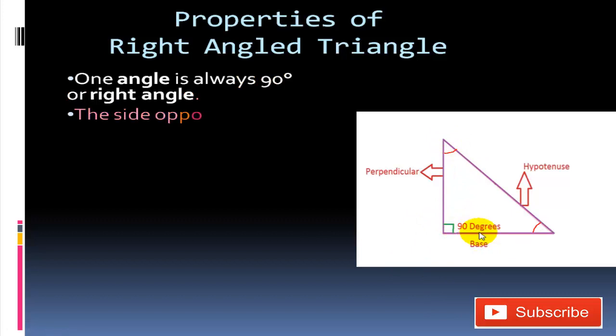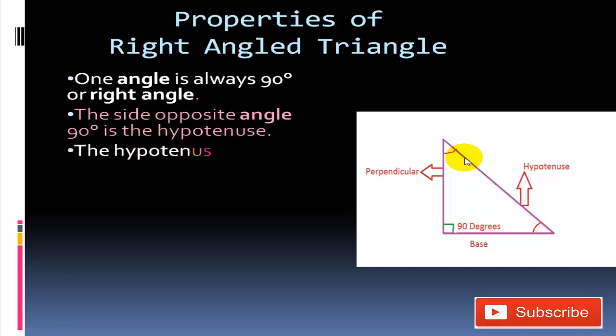Next, the side opposite the 90 degrees angle is the hypotenuse. This is the 90 degrees, and opposite to this 90 degrees is this side. This is called the hypotenuse. And the hypotenuse is always the longest side.